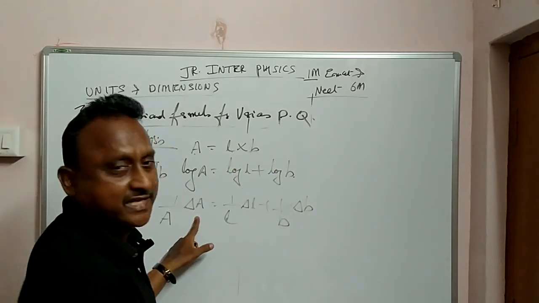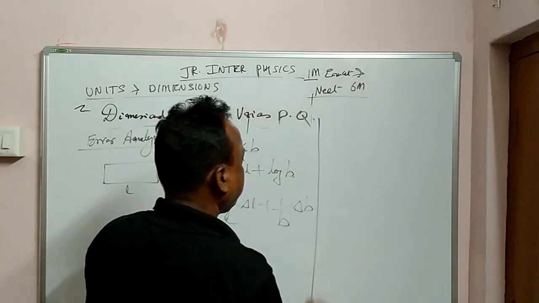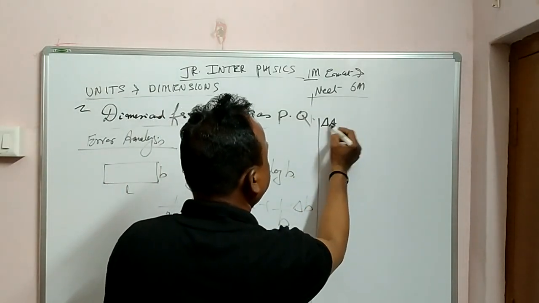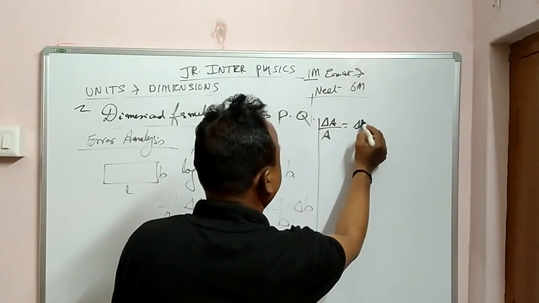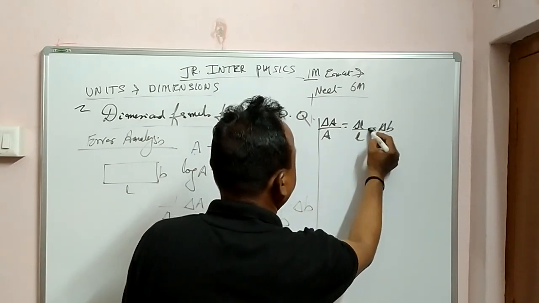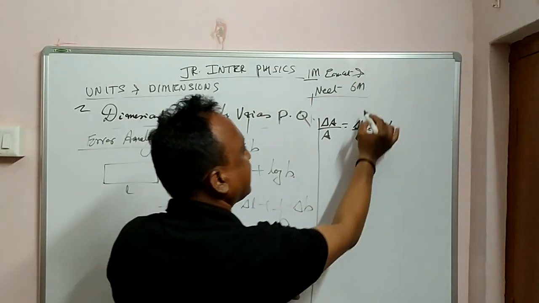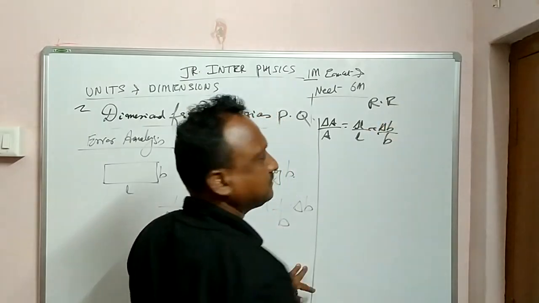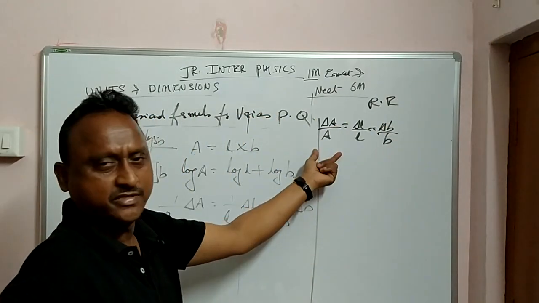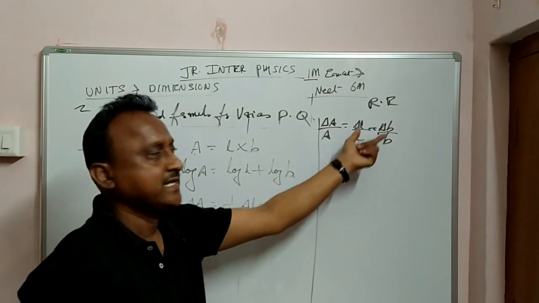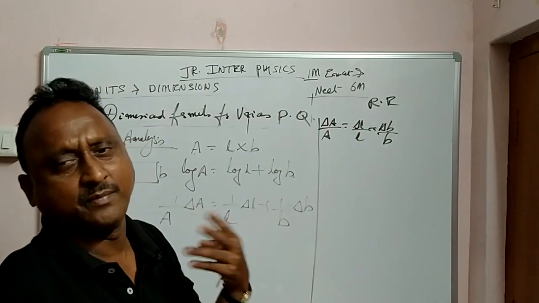So this is called the relative error. Now what I have written here, delta A by A, delta L by L, delta B by B, is called the relative error. Change in area by original area, change in length by original length, change in breadth by original breadth. Now how to get percentage error?